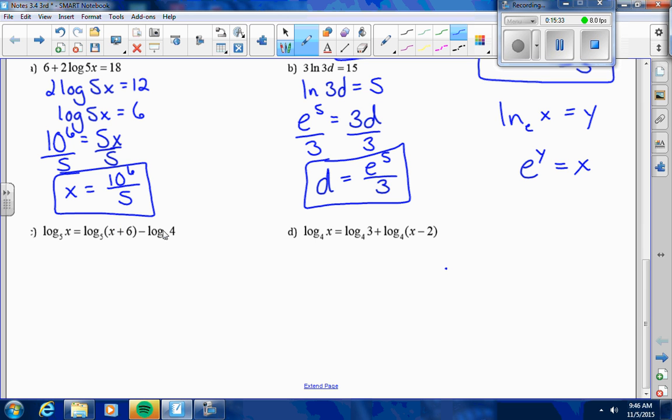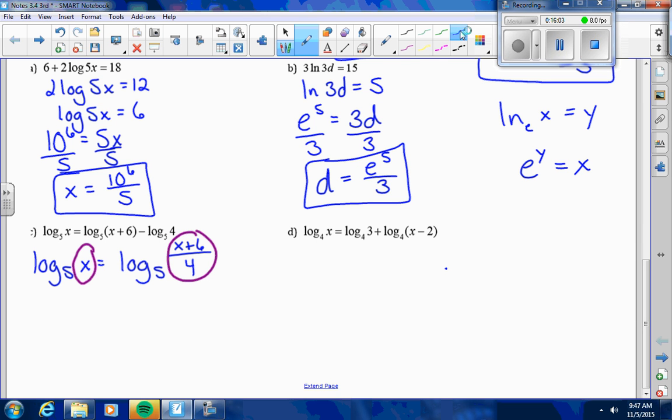I can do that division property with the logarithms. So log base 5 of x equals, as a single logarithm, log base 5 of x plus 6 over 4. Now if we use the property from above that says you have the log on both sides with the same base, what can we do with what we're taking the log of?